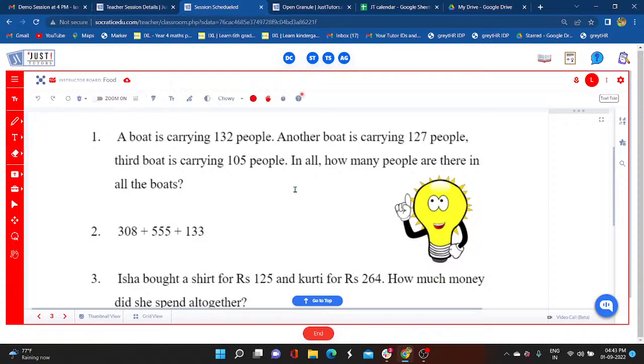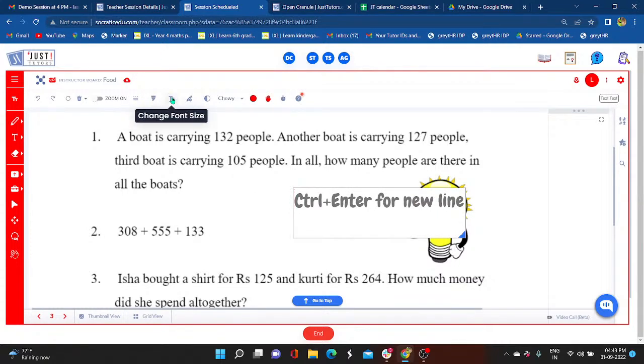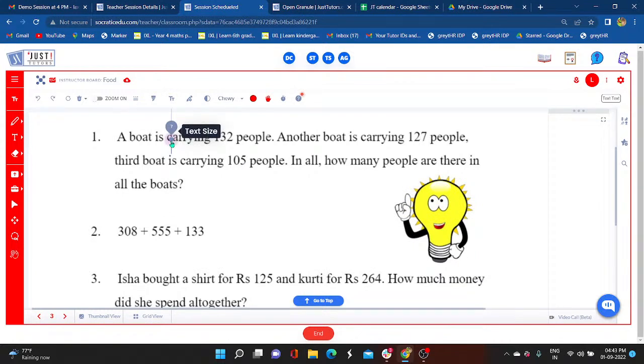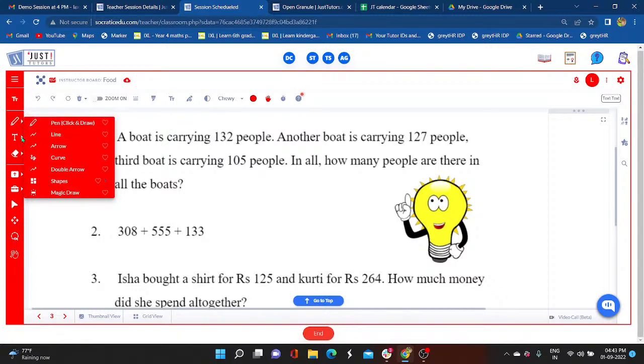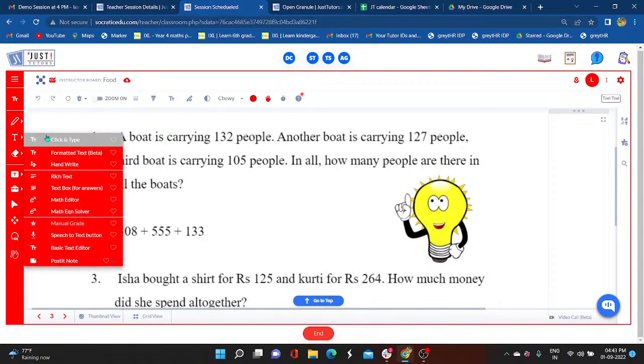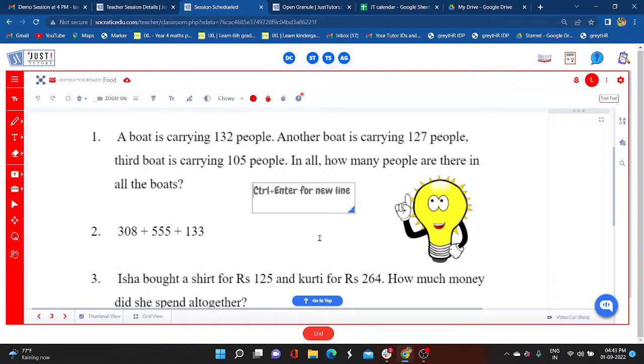So what I can do, I can again try adding the three numbers. 132, 127, 105.